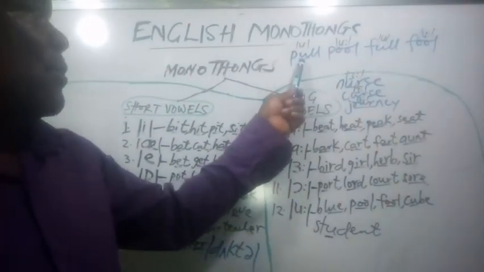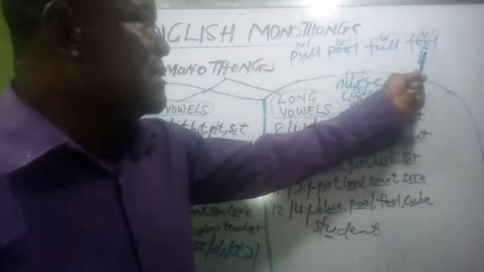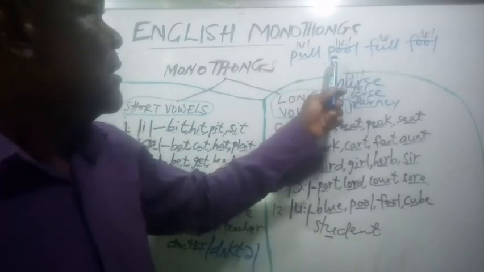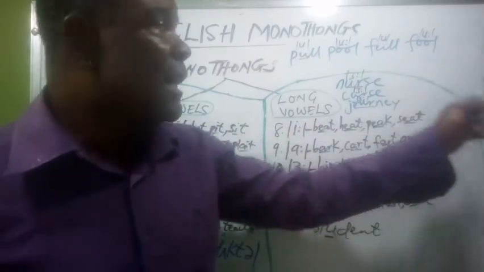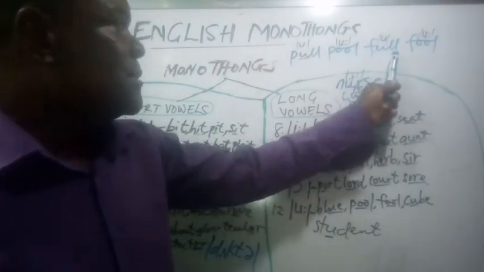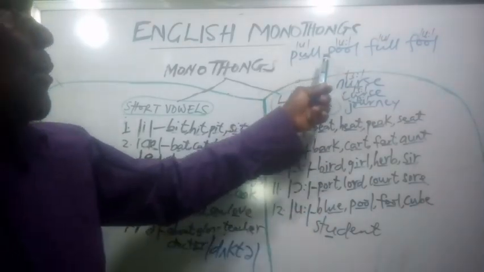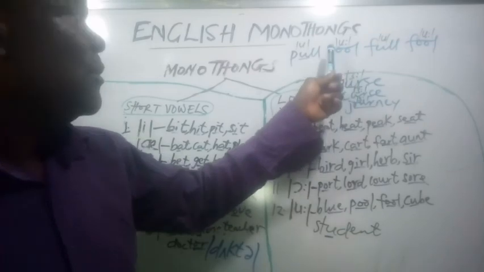So this is full, and this is pool. The pool is full of water. The pool is full of water. Pull the fool into the pool.